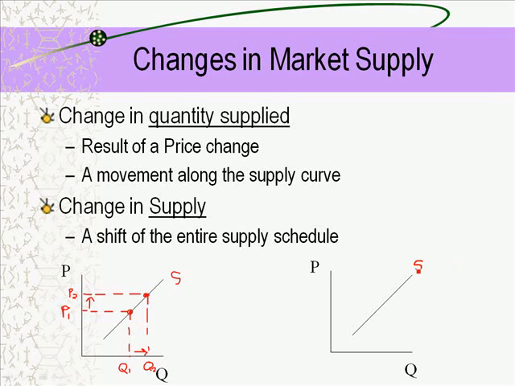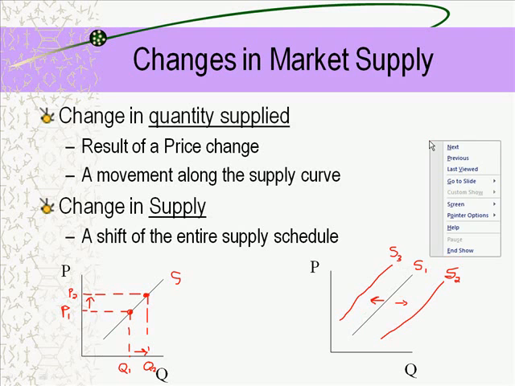A change in supply moves the entire curve. A rightward shift is an increase, and a leftward shift is a decrease.